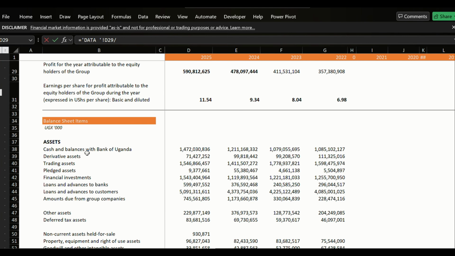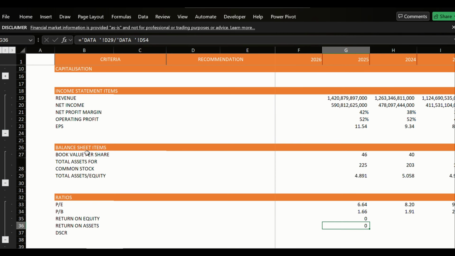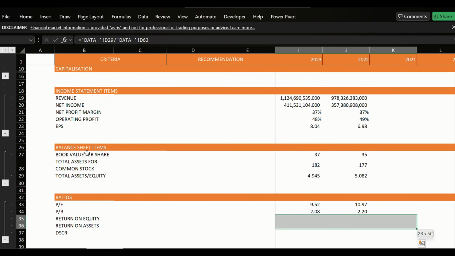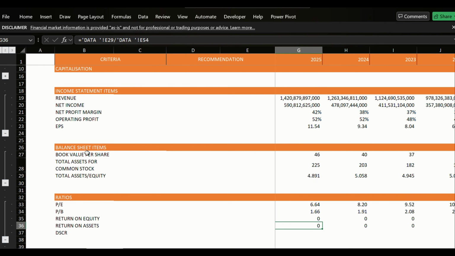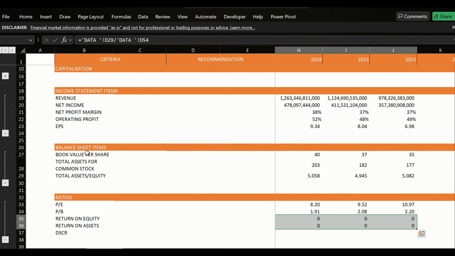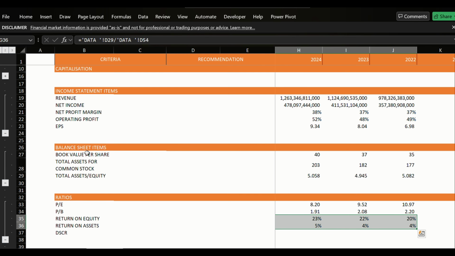Control R, 20, E29, E29. Okay, it's about okay. Control Shift 5. Okay, about okay.